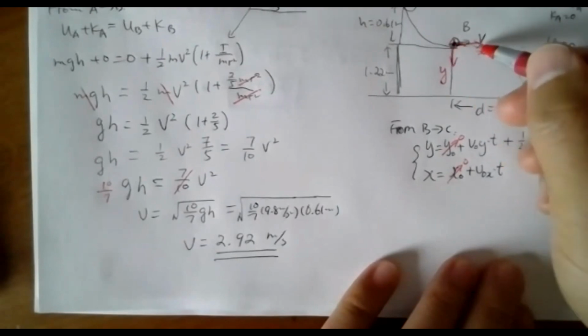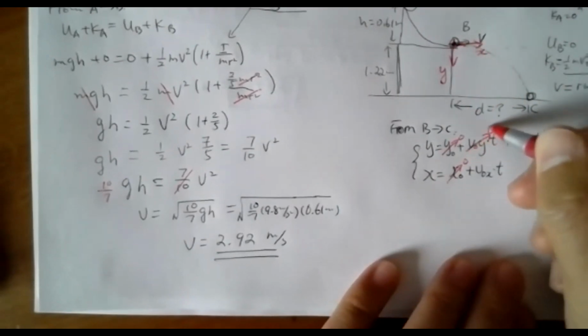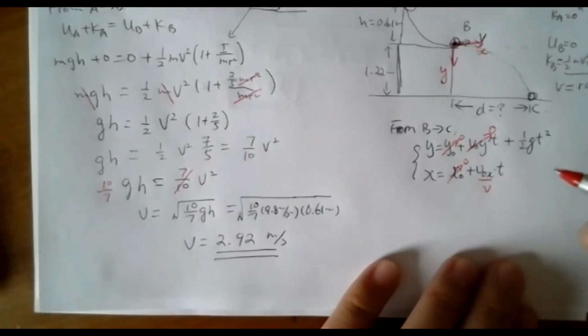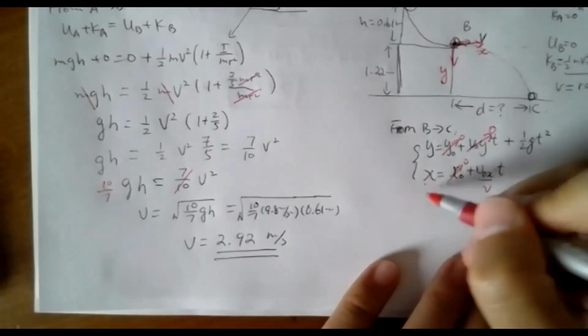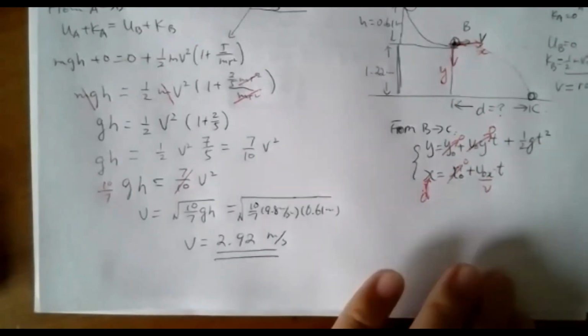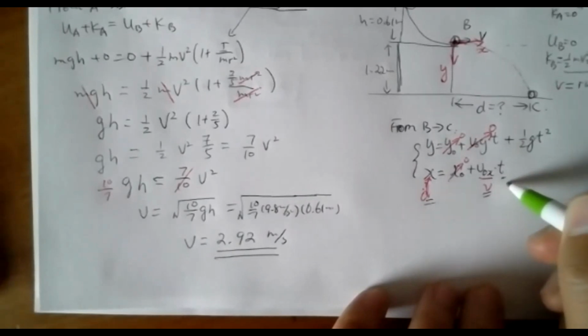Now this ball leaves the ramp over here with horizontal velocity, so initial velocity y should be 0, and this is v. You're looking for this d, which would be the x here. So x will be your d. You know the v, now you need to know t.